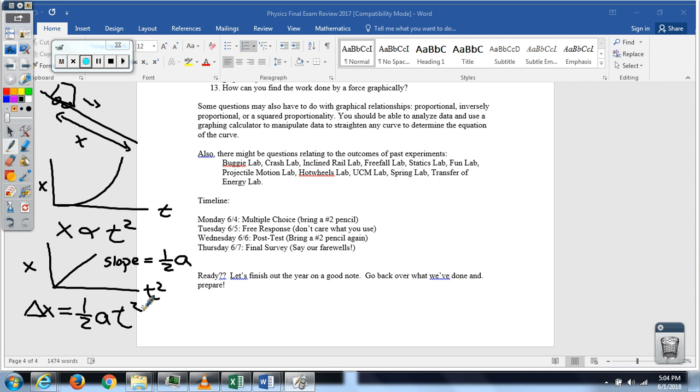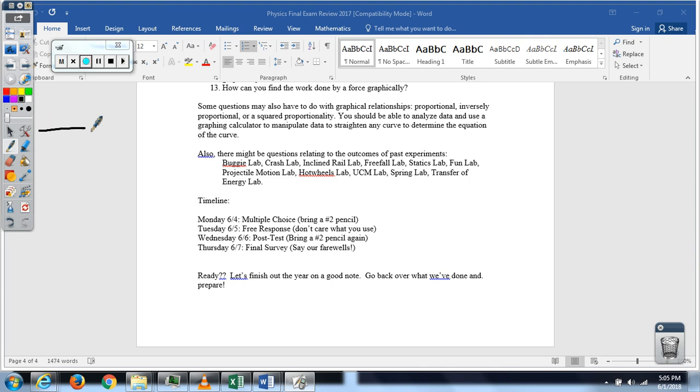The fun lab was the modified Atwood machine, which is the car on the table pulled by a string which was attached over a pulley, and there was some mass at the end of that string. The mass is being pulled by its own weight, by gravity, and we kept that the same.